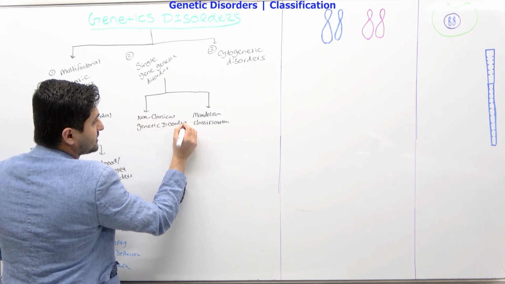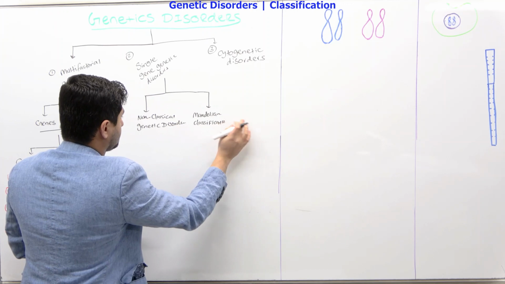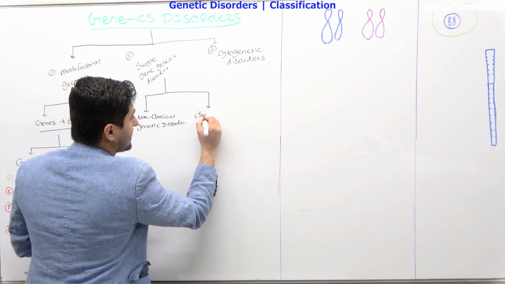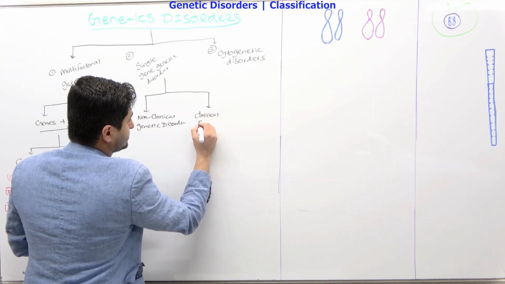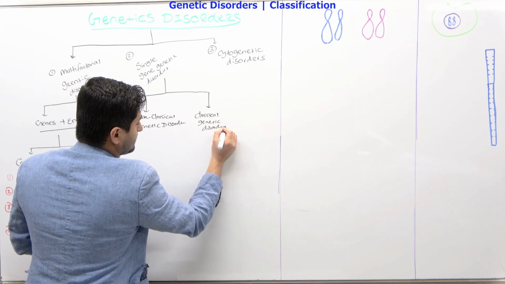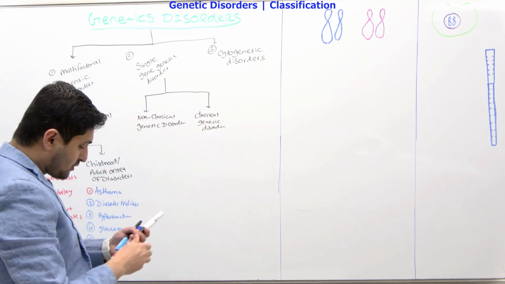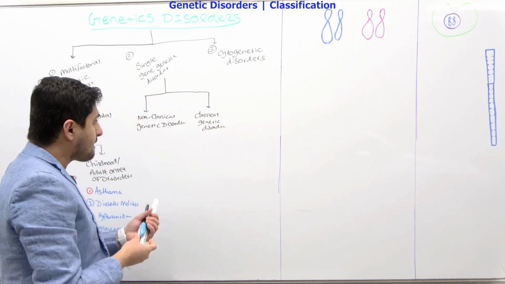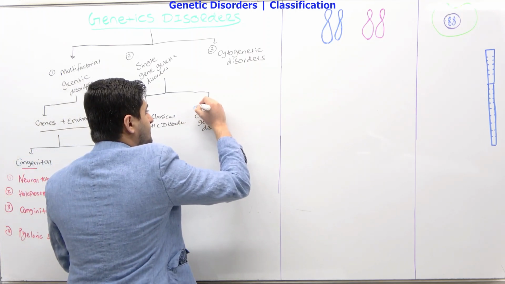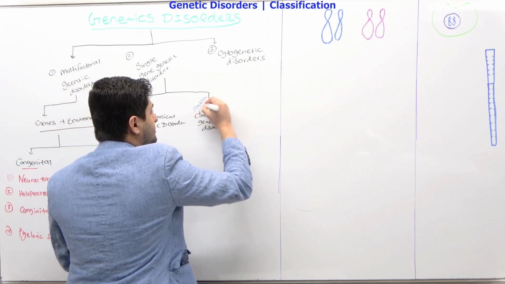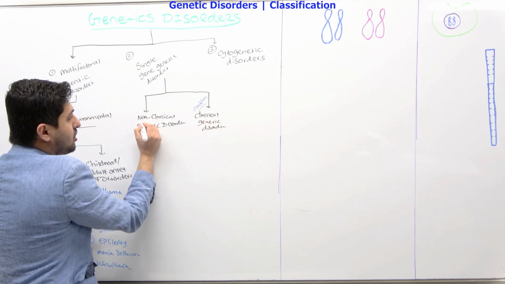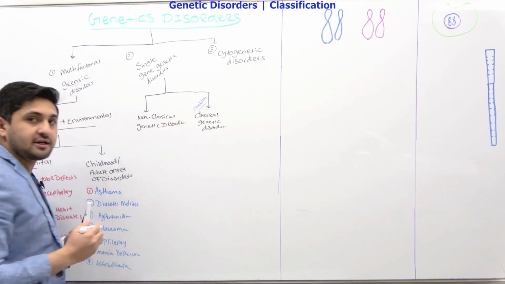Or we can simply say this is Mendelian or classical genetic disorders. Remember, this classical genetic disorder is what was described by Mendel. This guy is the person who actually described this law. It's the Mendelian classical genetic disorders, and this is the non-Mendelian, non-classical genetic disorders, all right?